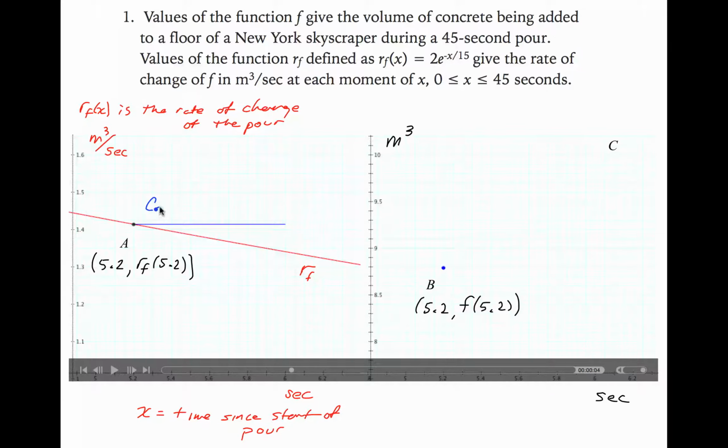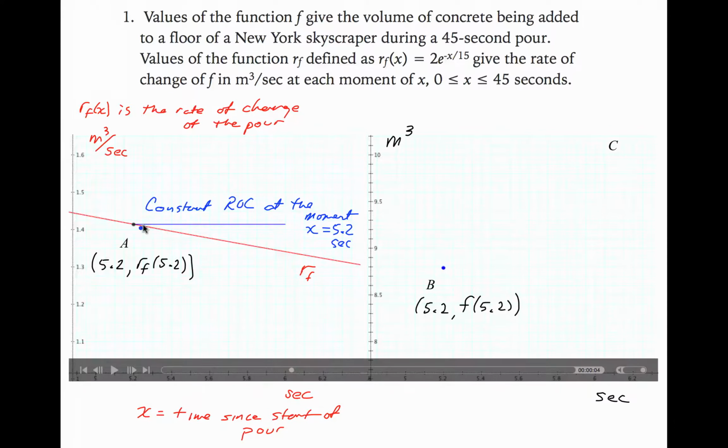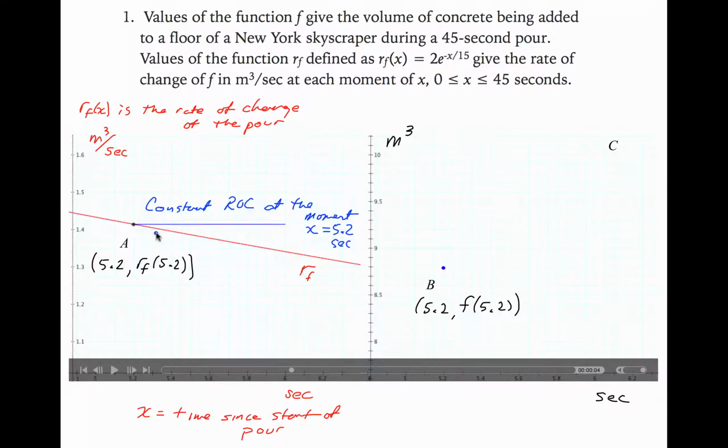So it's our constant rate at the moment x equals 5.2 seconds. It's just that this is a really big moment. The 1.2 seconds would be a large moment, but for our purposes in this example, we'll call it a moment, and so we consider the rate of change to be constant at this value, R sub f of 5.2.